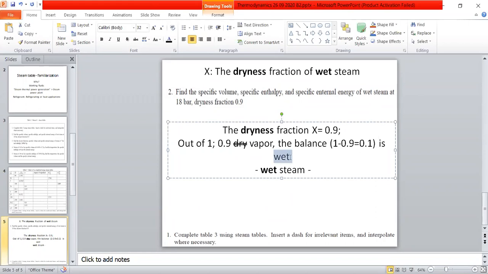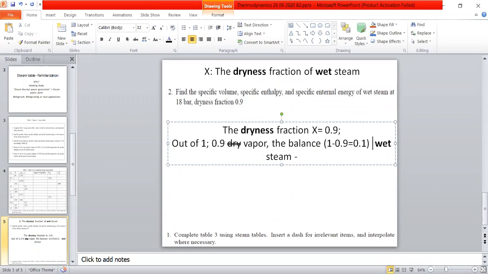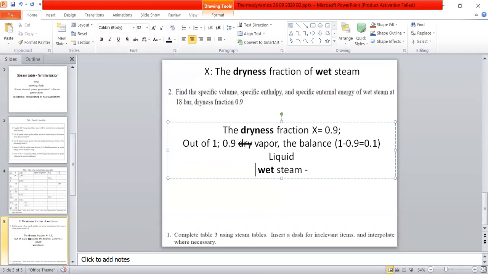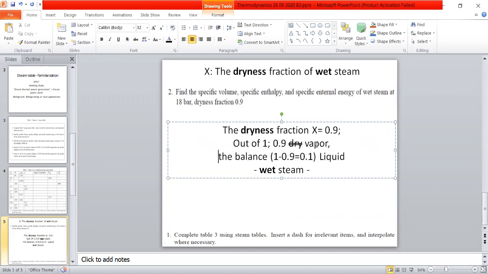Instead of wet, which is not the right term, I consider it as liquid. Liquid means water.